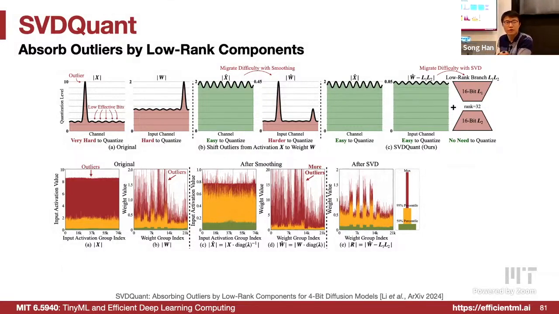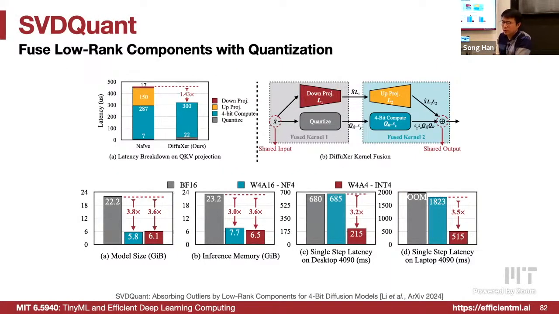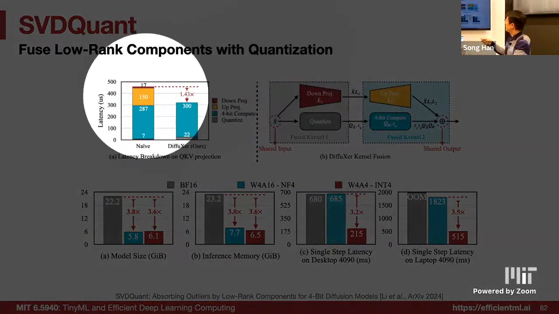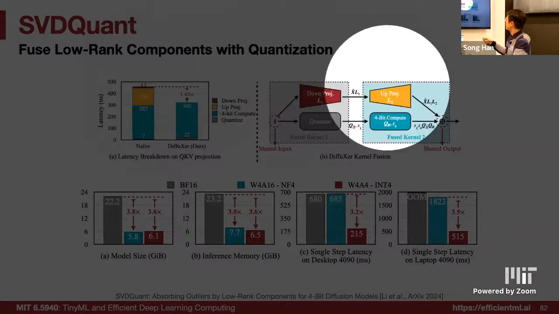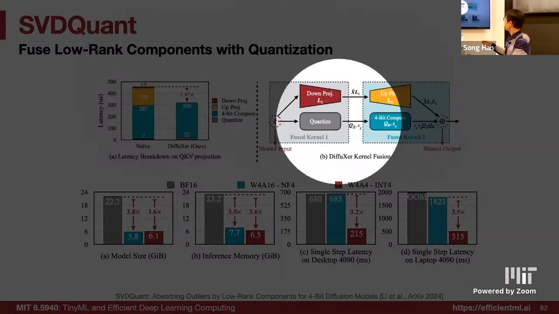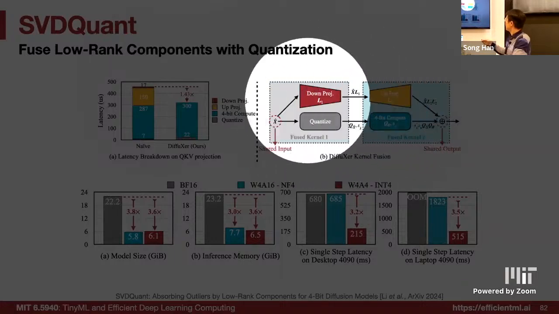Since a lot of people are using diffusion models with LoRA, this is very compatible with the framework. Despite that, we actually observed that a naive implementation leads to a lot of overhead, like the yellow and red region for this up and down projection due to the LoRA branch. So this is the main branch. This is the LoRA branch.